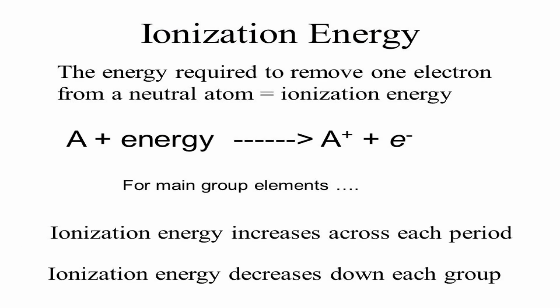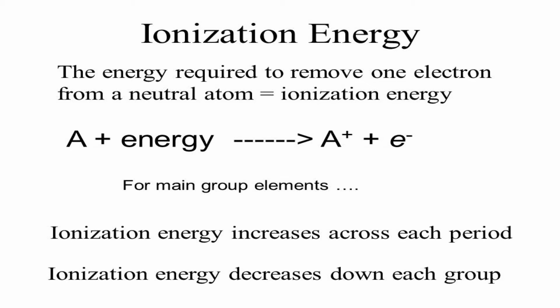Ionization energy is the energy required to remove an electron from a gaseous atom to form a cation. So when we move from left to right in a period, atomic size decreases and ionization energy increases. And down the group, from top to bottom, atomic size increases and ionization energy decreases.